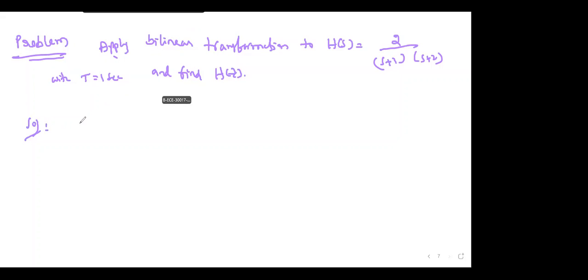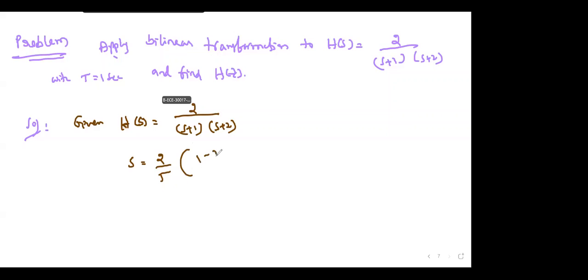Okay, now see the solution. Given H of s is equal to 2 by (s plus 1) into (s plus 2). Now what to do? We need to convert into H of z. Here we have already solved it. We need to substitute s is equal to 2 by T into (1 minus z inverse) by (1 plus z inverse).